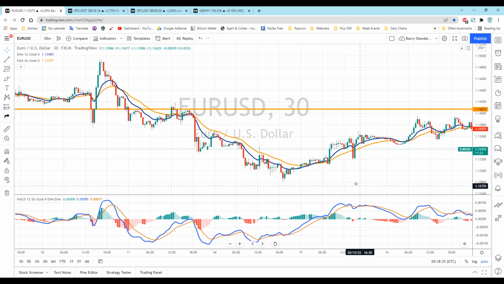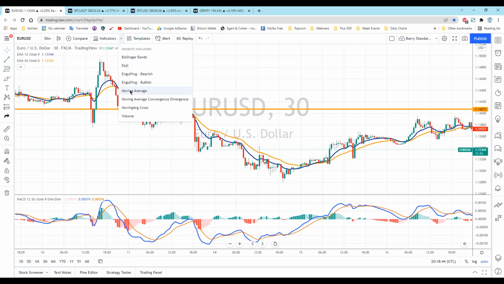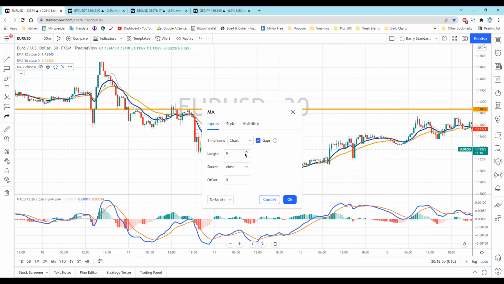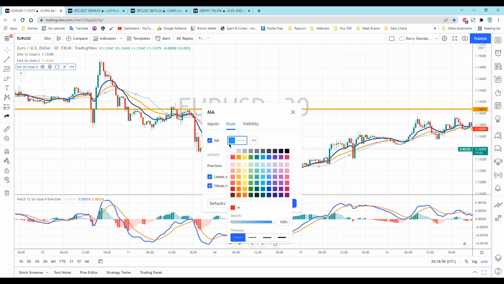Now, on our chart, let me just put a simple moving average on here. We're going to put on a 30 period moving average. And let's make it easy for you guys to see.